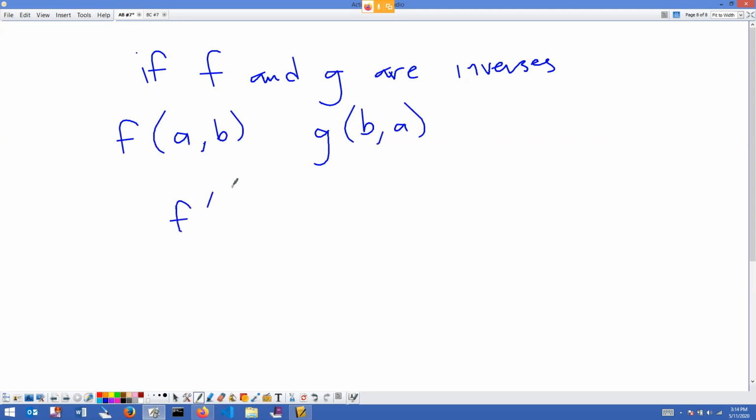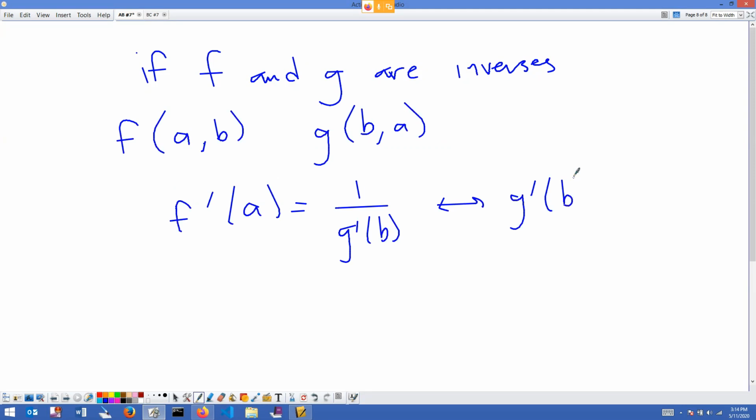That f prime of a is 1 over g prime of b, or vice versa: g prime of b is equal to 1 over f prime of a. Either way you want to write it is fine. So that's the basic inverse rule.